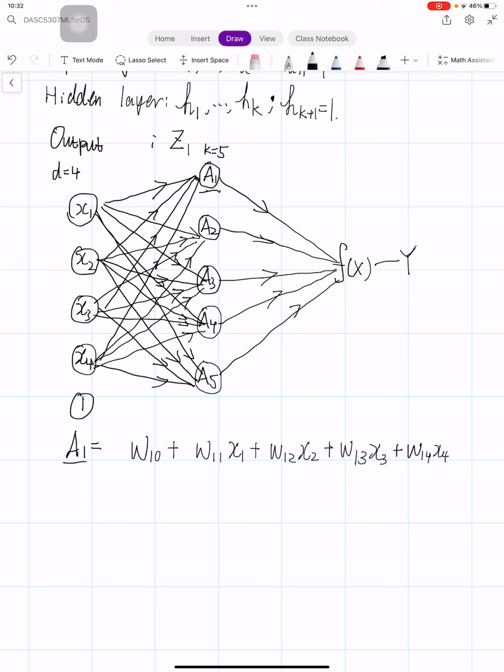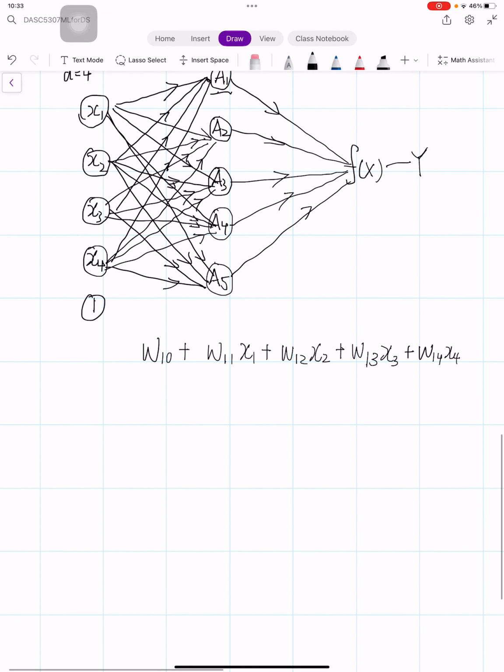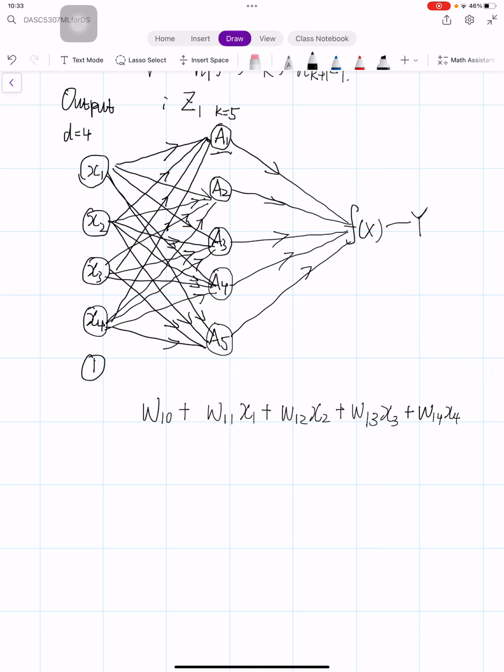Then we transform by a nonlinear gate function, like the logistic transformation at the end. For example, we can use the g function and transform by this.